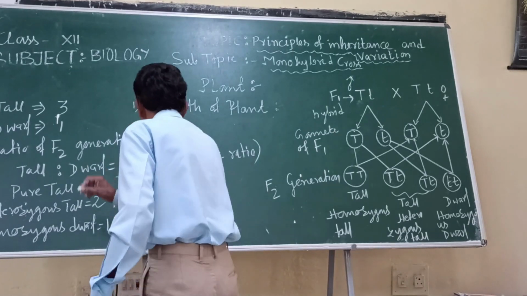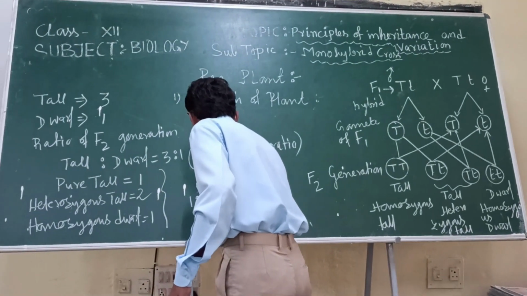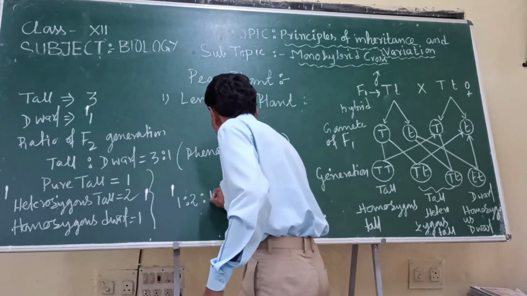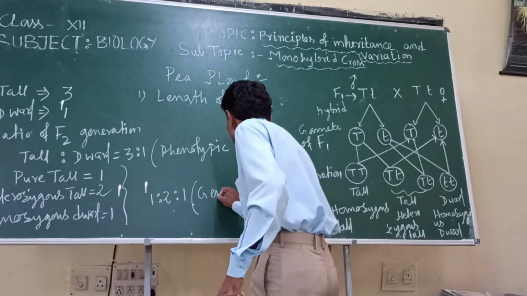So the genotypic ratio is 1 is to 2 is to 1. That is the genotypic ratio.